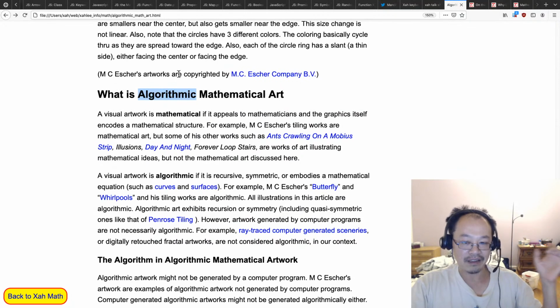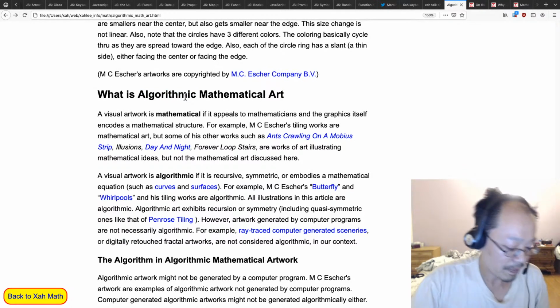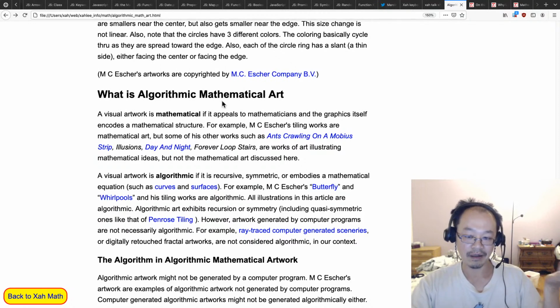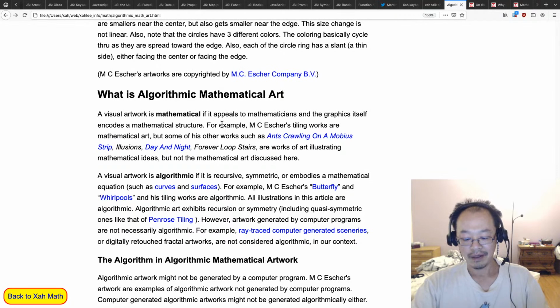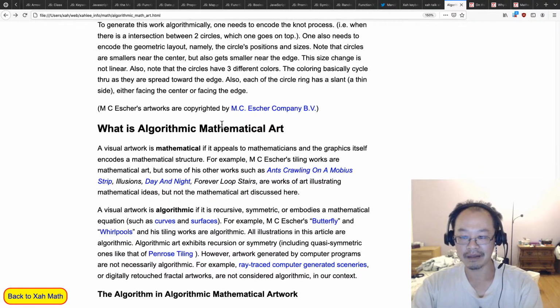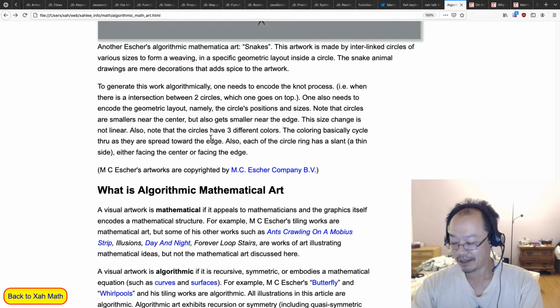If that's the case, then your code is what I would call algorithmic art. A program that qualifies as a program generating algorithmic mathematical art.